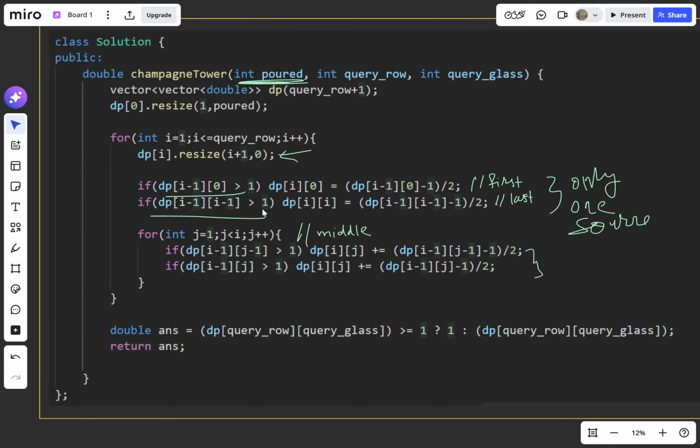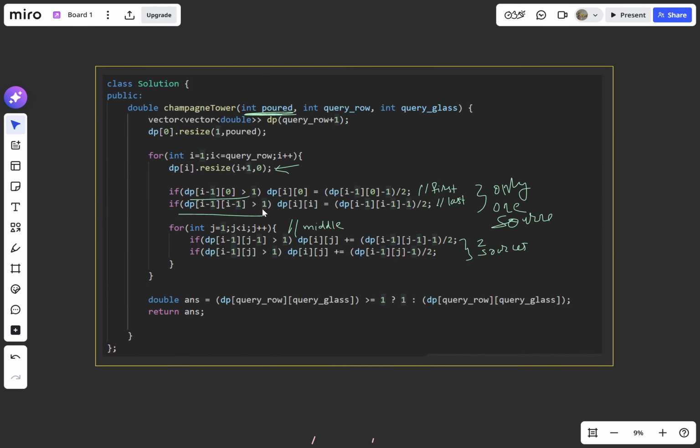That's why we are calculating the first and the last initially. After that we are calculating all the middle portions.